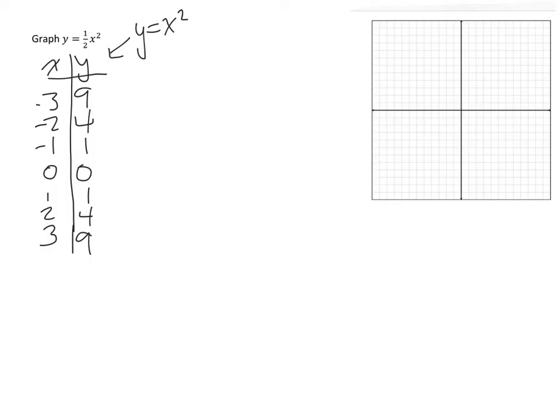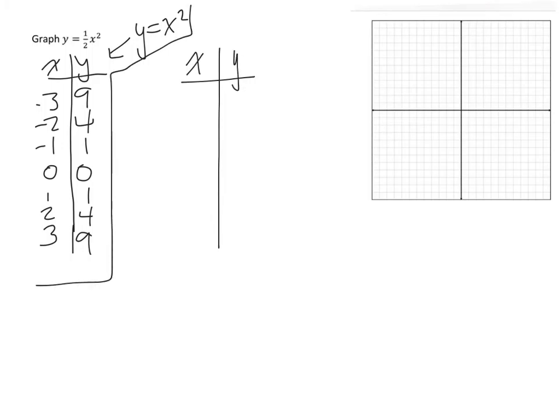And you should do this enough that this becomes something that you can quickly jot down really fast. Then we've got x, y. And so that was for your parent function over there. And now what we're going to do is do this for our question, which is y equals 1/2 x squared.